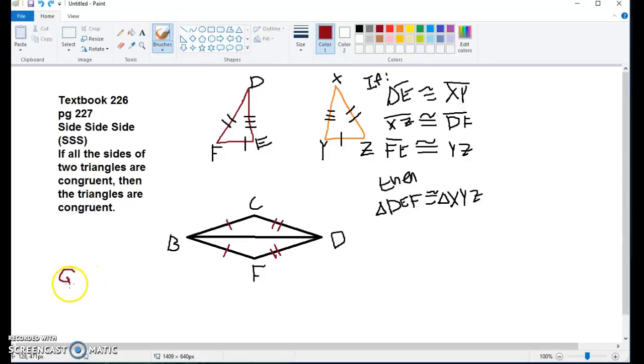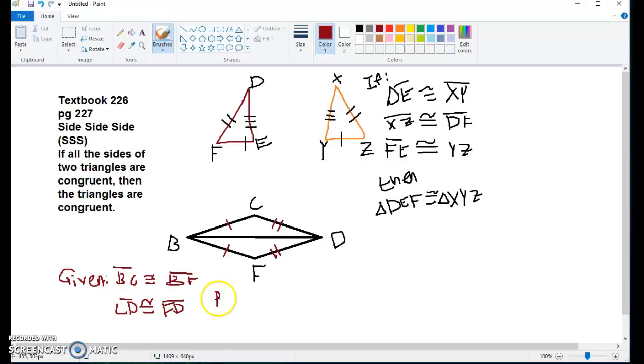I'm going to say given BC is congruent to BF, and CD is congruent to FD.